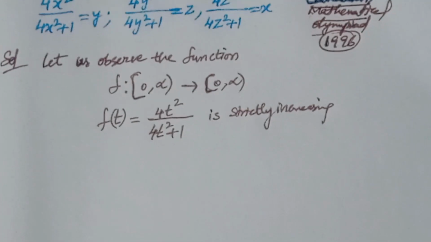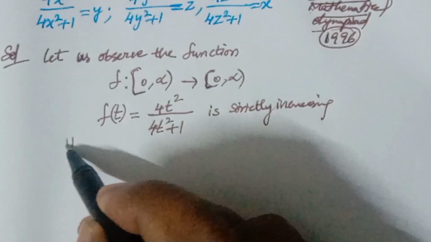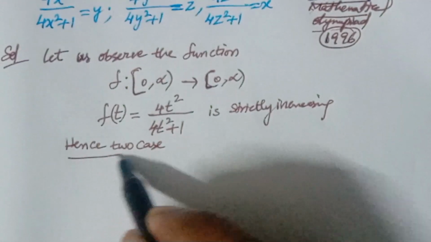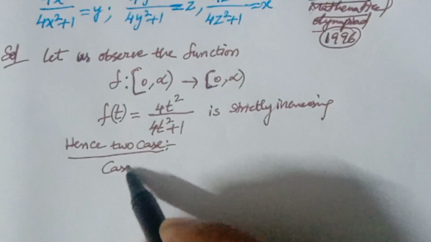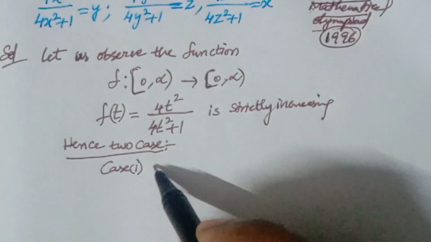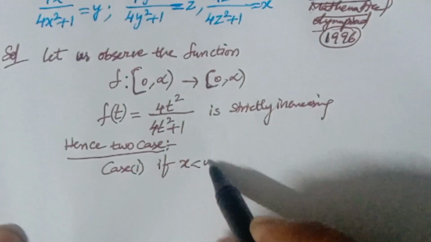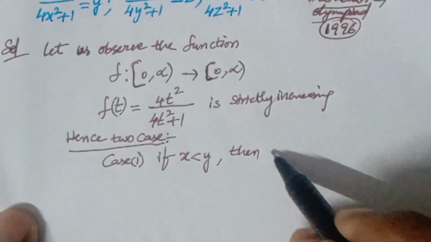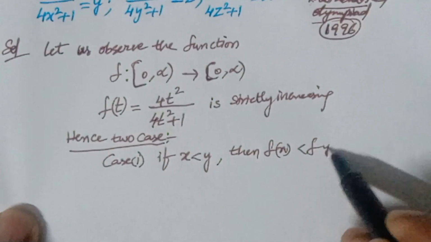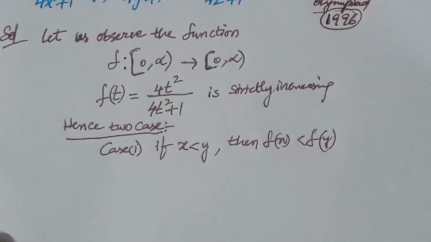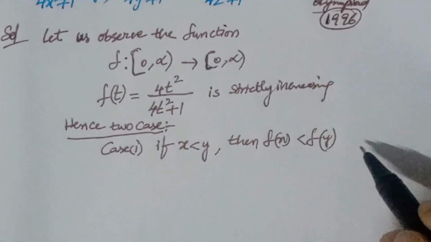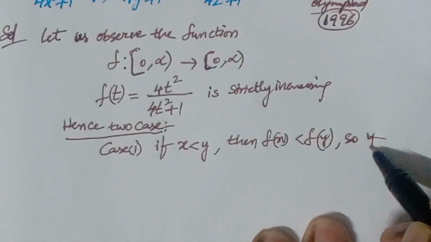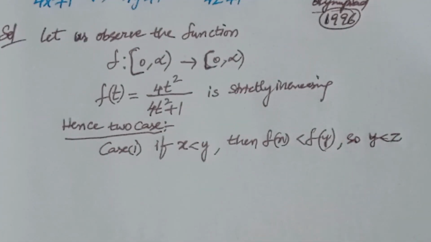So here two cases will arise. Case 1: if x is less than y, then f(x) will be less than f(y), so y is less than z.